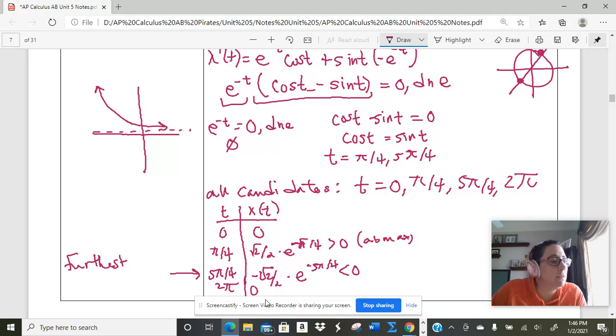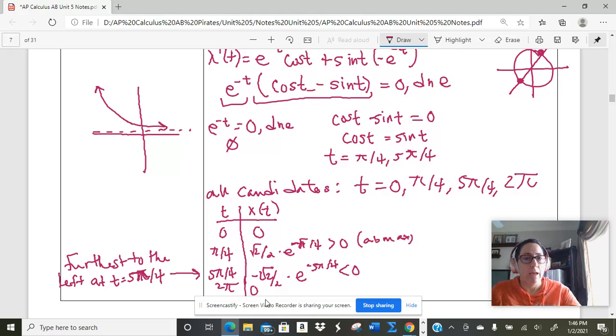It wants the time, the t. Okay, so we are farthest to the left. So make sure we know which one it's asking for, the t value or the output value. Farthest to the left at t equals 5 pi over 4. Okay? And that is your justification of working through all of that.